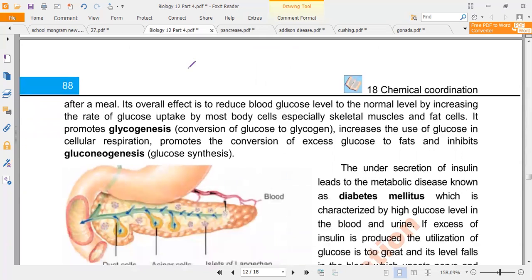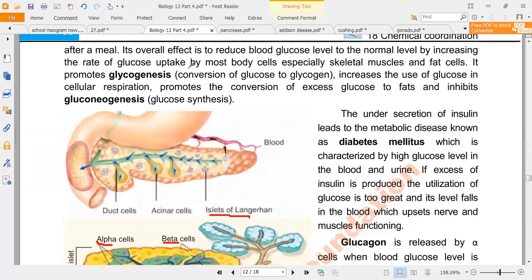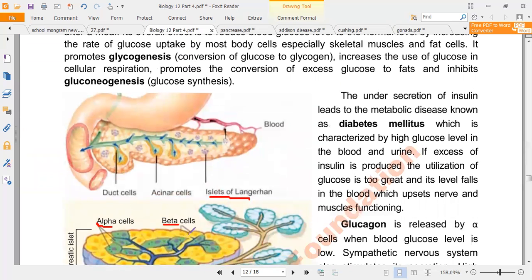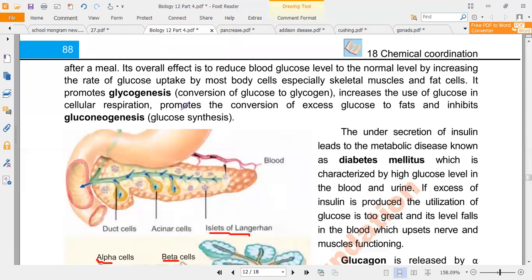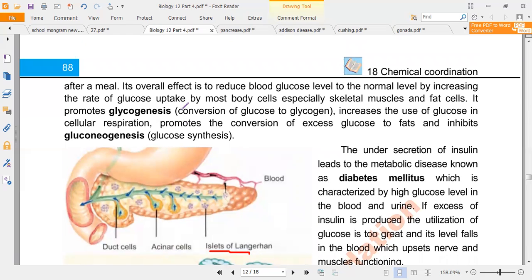If we talk about insulin, insulin is released from these islets of Langerhans, from beta cells, which are more in number. They directly control the blood sugar level and reduce blood glucose level to normal by increasing the rate of glucose uptake by the cells, especially by skeletal muscles and fat cells.